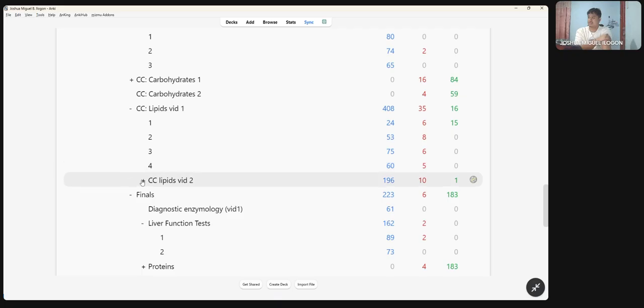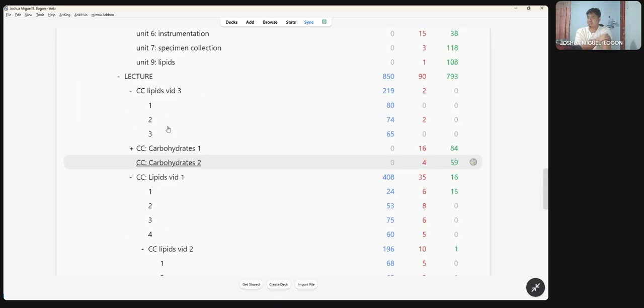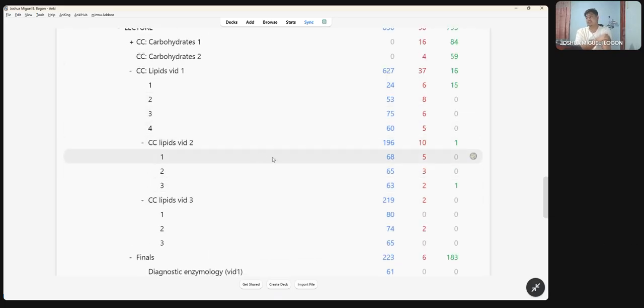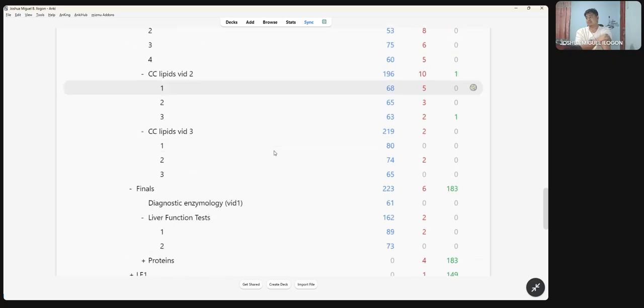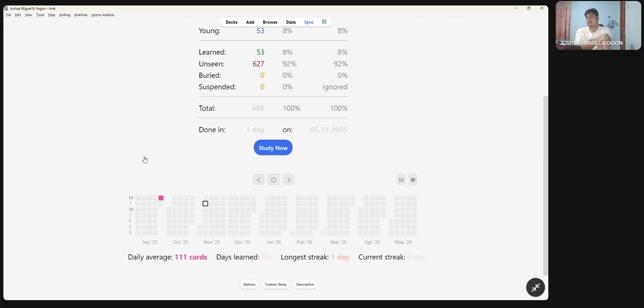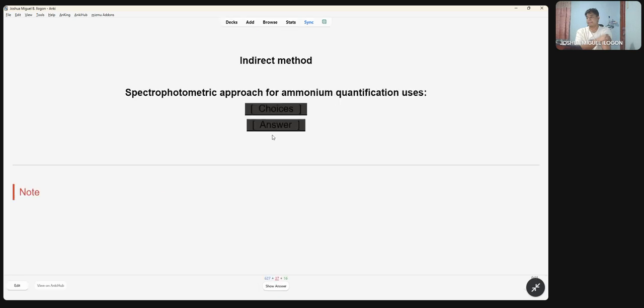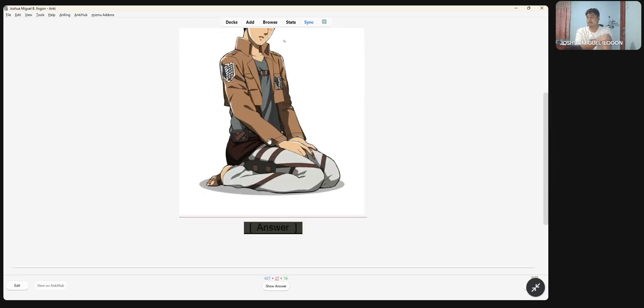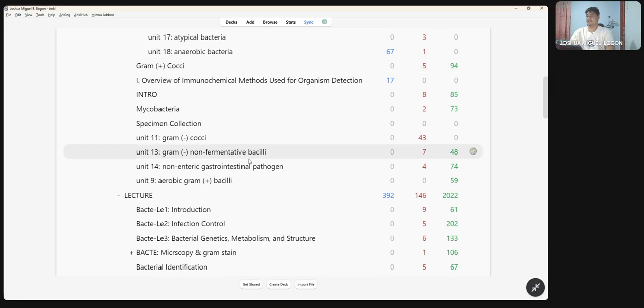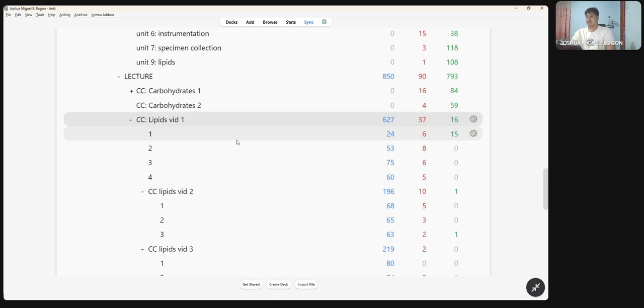My lipids is not good. Get out of here. So I have to finish 627 flashcards for lipids.